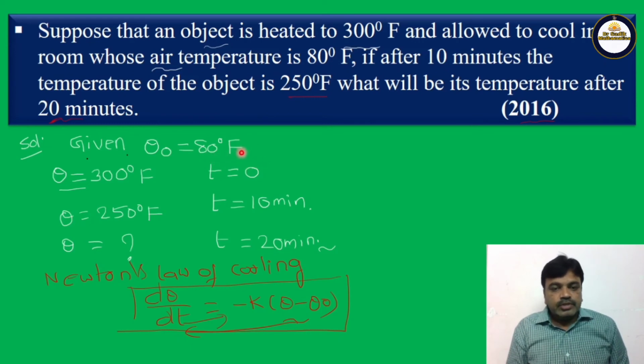Surrounding temperature is denoted by theta naught and body temperature by theta. Initially the object temperature is 300 degrees Fahrenheit, so theta is equal to 300 at t equal to 0. After 10 minutes it is 250, so theta is equal to 250. After 20 minutes, what is the temperature?